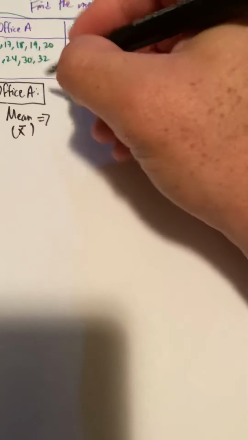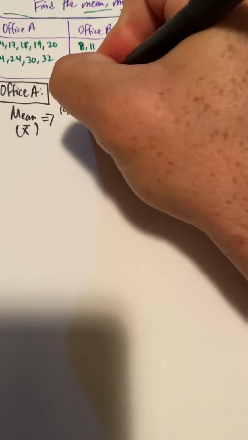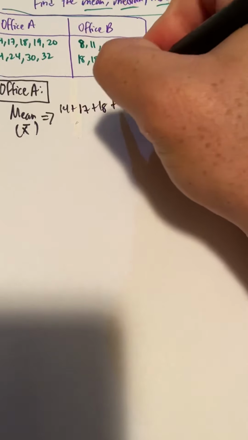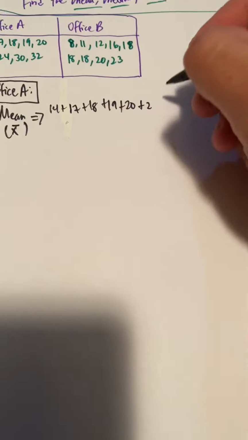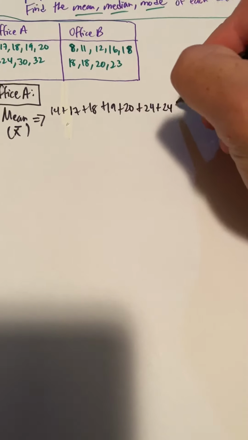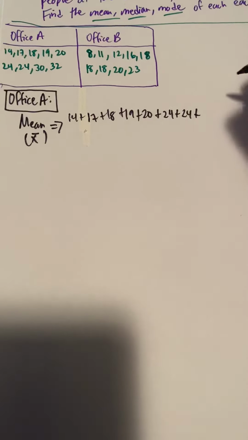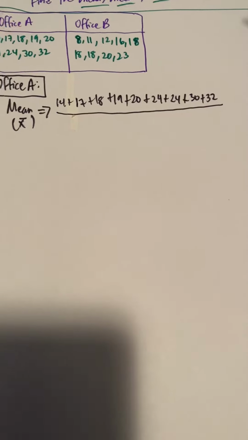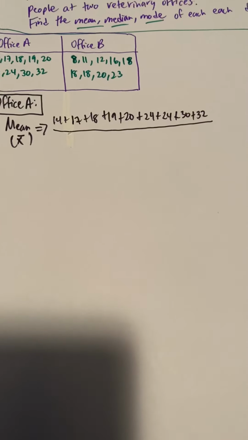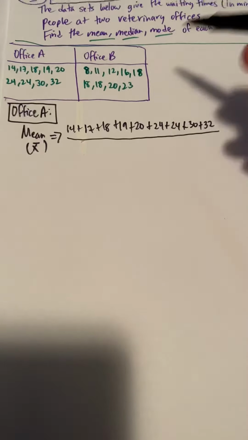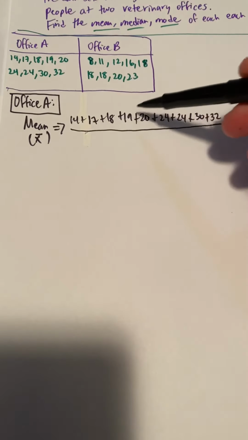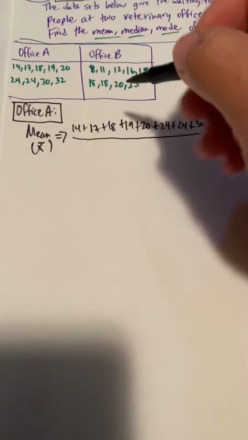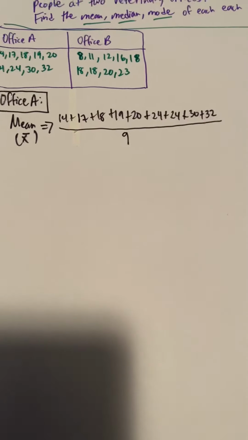So in this case, we have 14, then we have 17, 18, 19, 20, 24, 24 again, then we have 30, and finally we have 32. And we're going to divide it all by the total number of data in the set. So in this case, it's 1, 2, 3, 4, 5, 6, 7, 8, and 9. So my n value is 9.